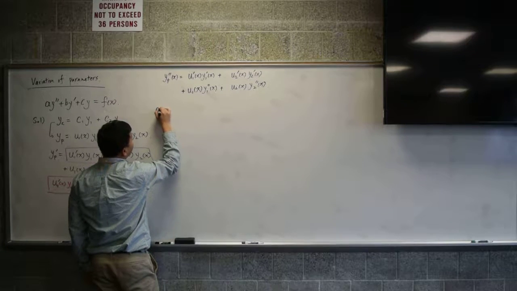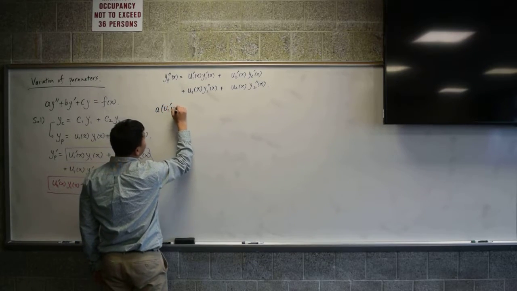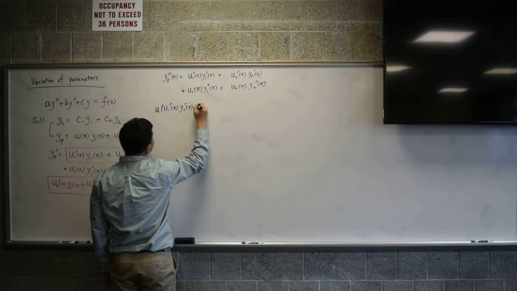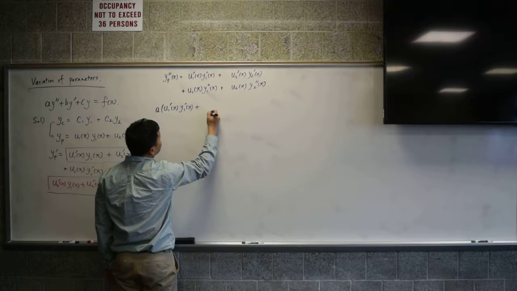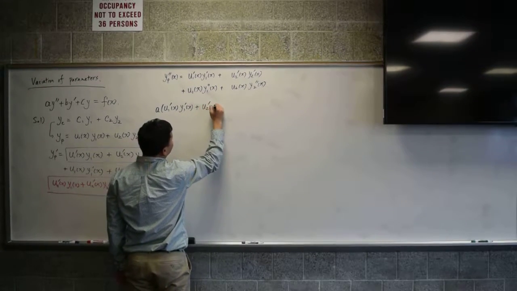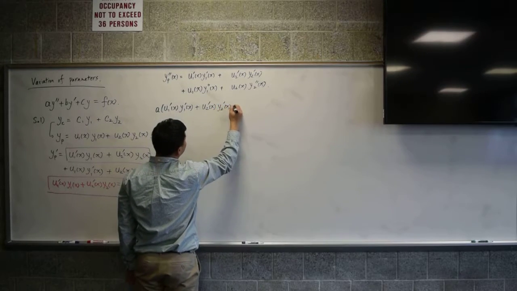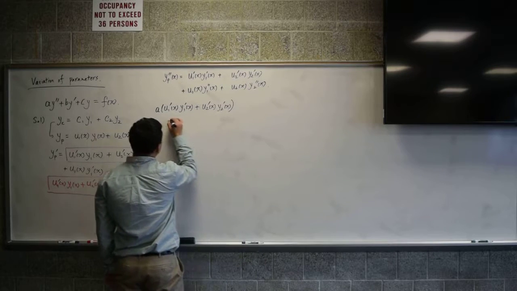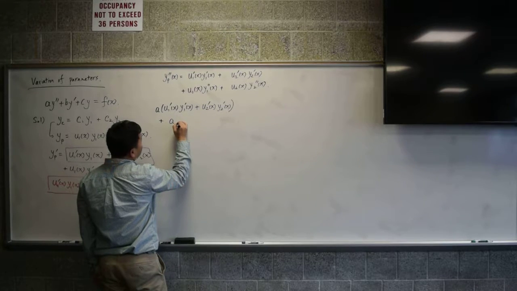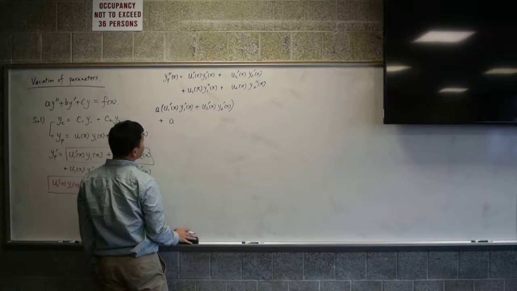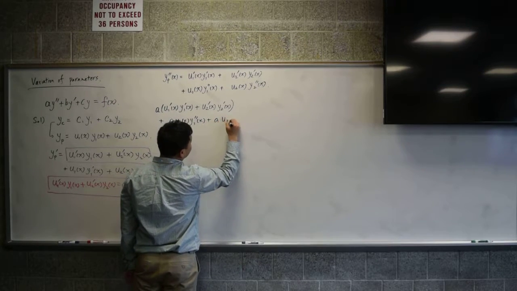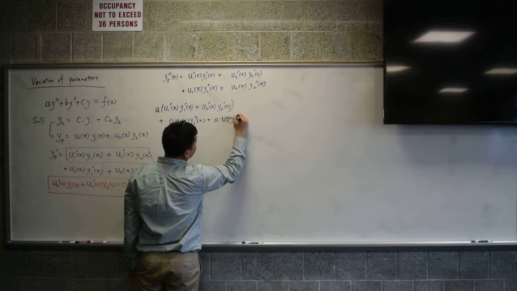So I'm going to get a times u1 prime of x y1 prime of x, plus u2 prime of x y2 prime of x, plus a times the double prime terms.